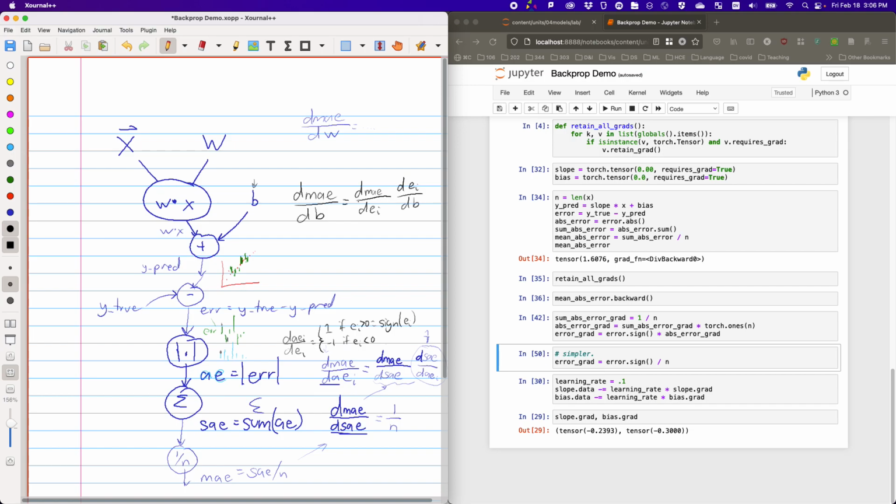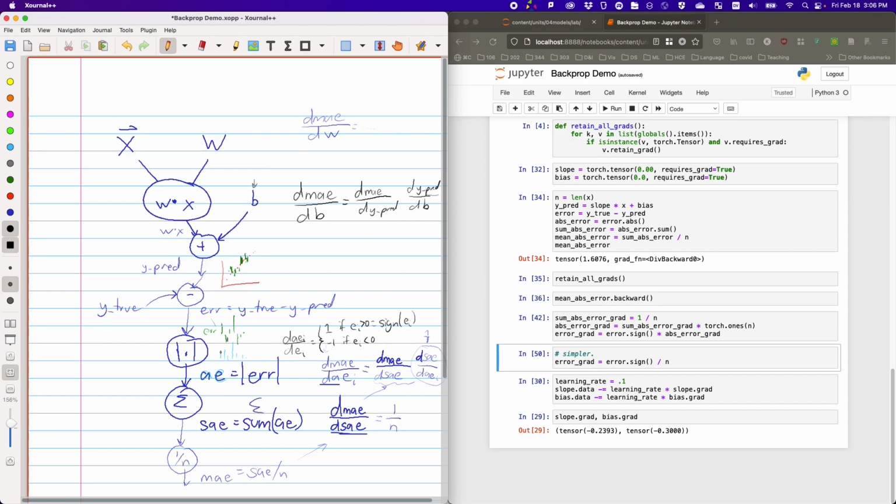Oops, I skipped a step here. So we don't have it with respect to the error, we have it with respect to the predictions. And then we know how the y-pred is going to change when we change our bias. So this is going to be what's easy to calculate. Now we just need to get what the MA dy pred is.